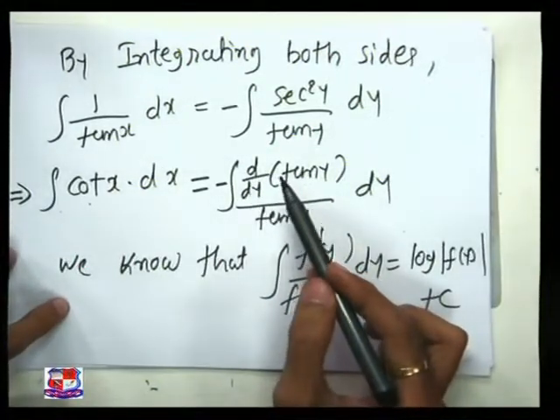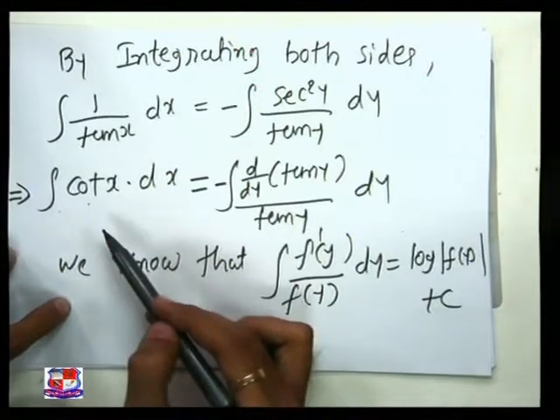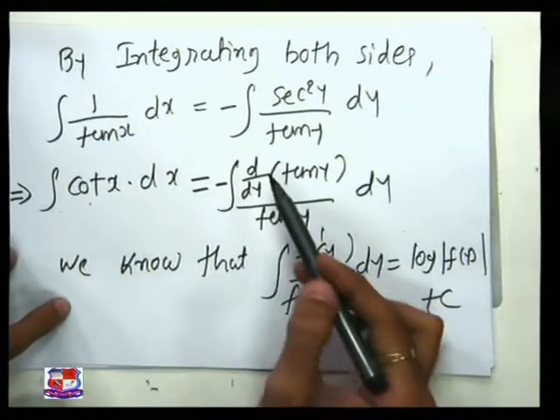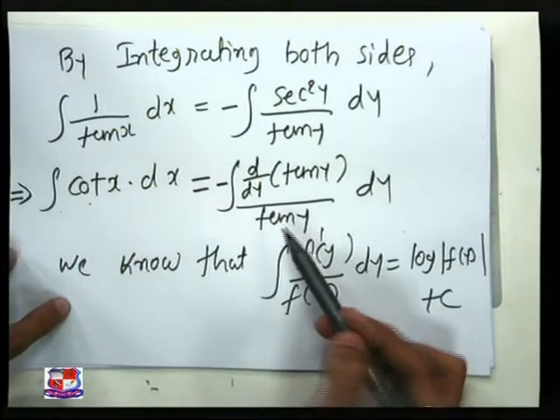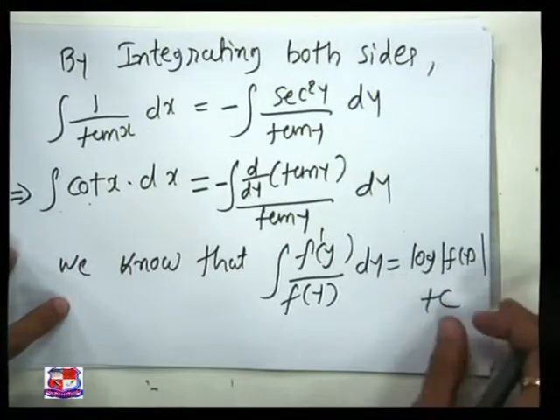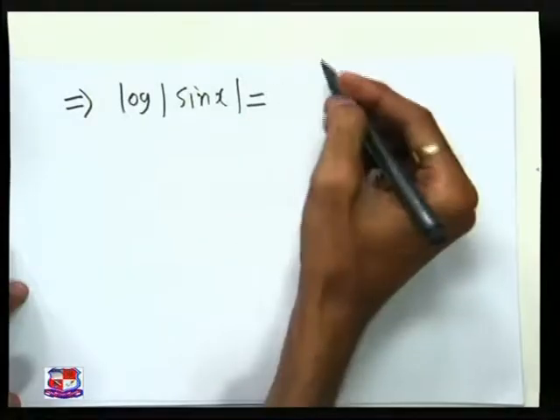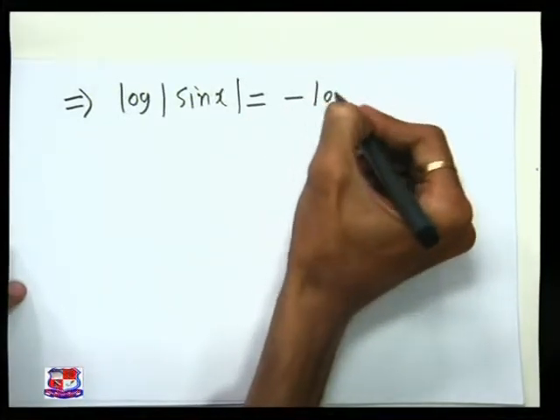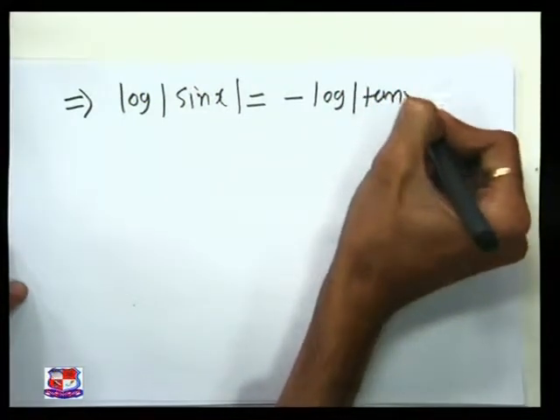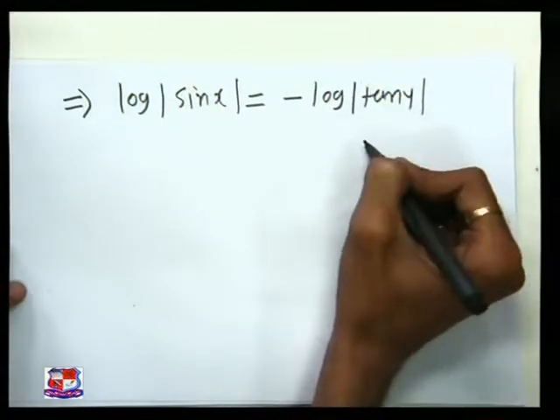Okay, so after all we will get the integration of cot x, that is log sin x, is equal to minus of log mod 10y, that is the integration of sec square y upon 10y, and plus the integration constant.